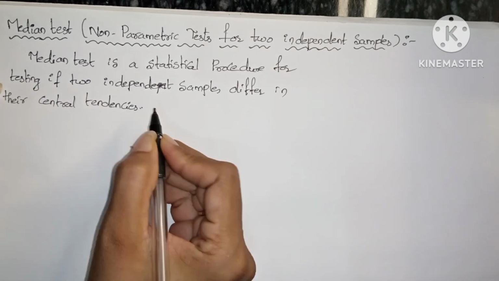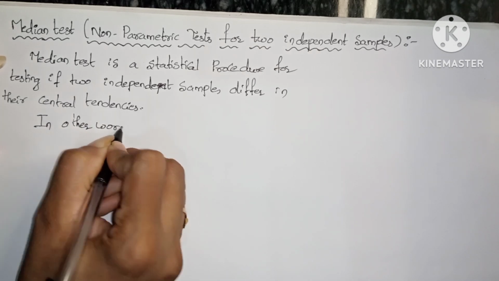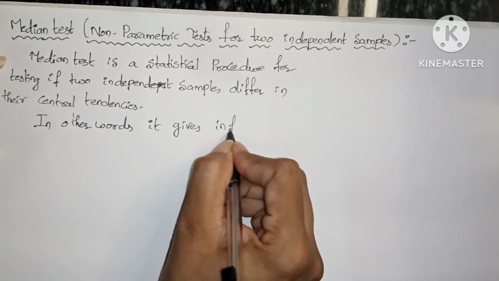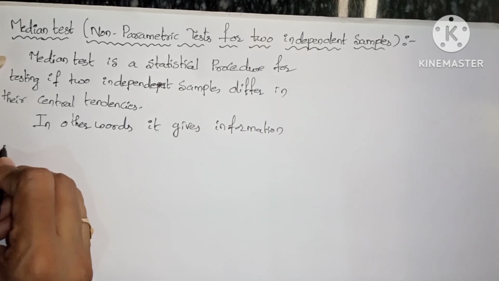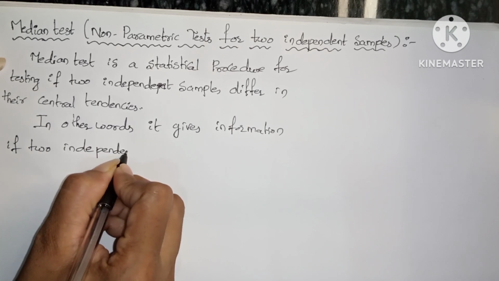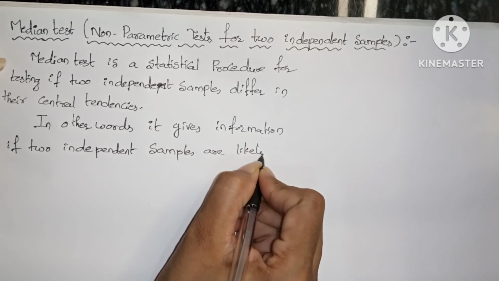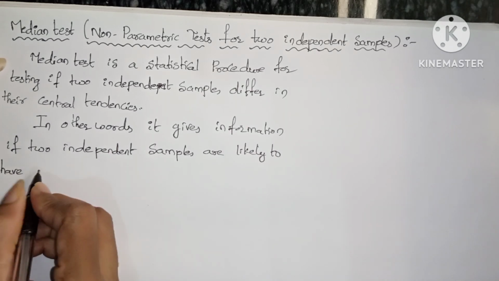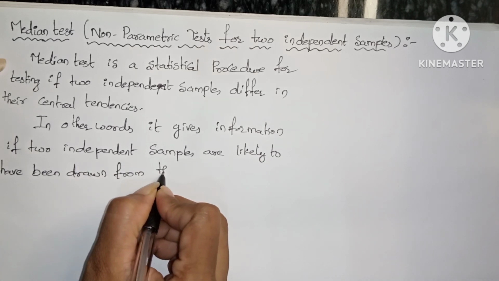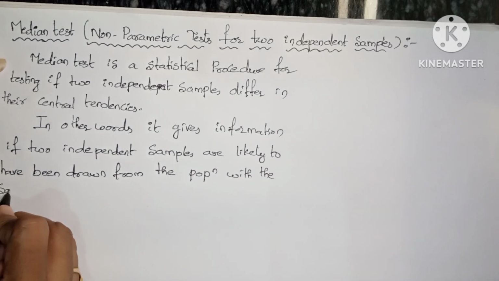Okay? So in other words, we can say that it gives information if two independent samples are likely to have been drawn from the population with the same median.